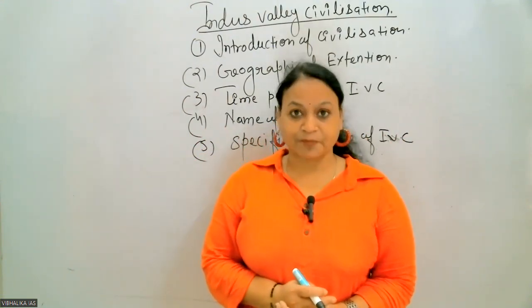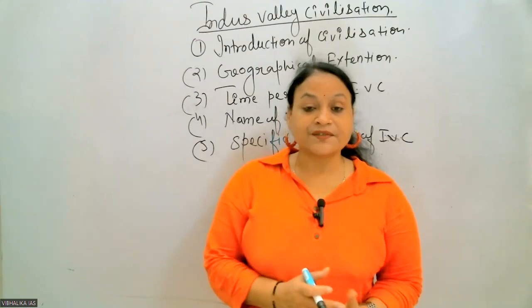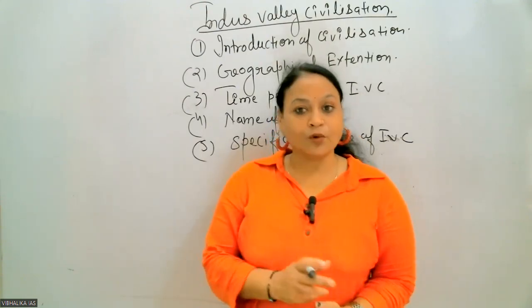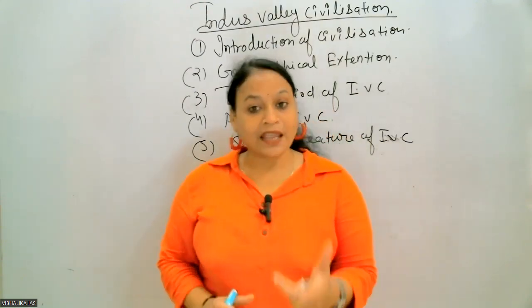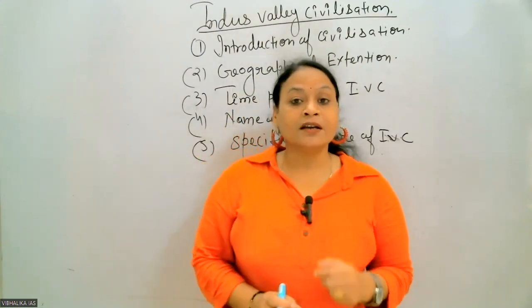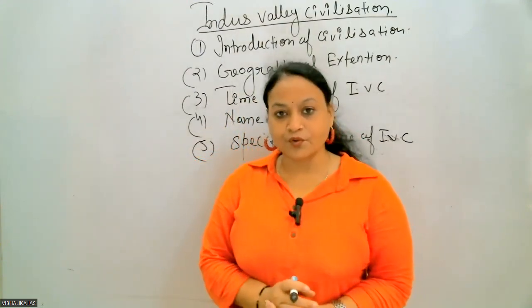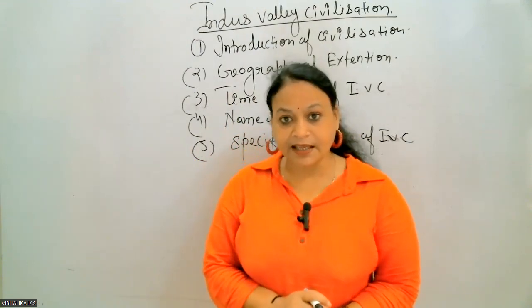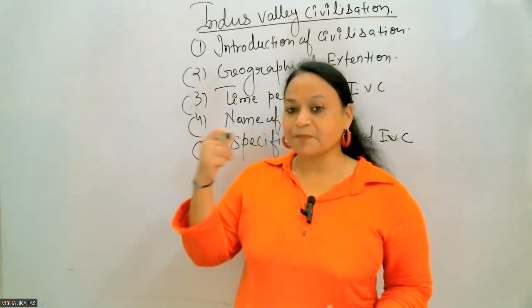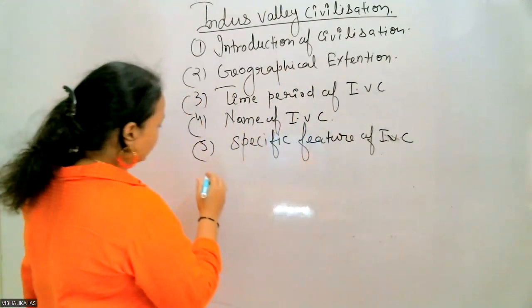So, what are the specific features? We will cover the town planning of this civilization, as well as which type of script and which type of seals they used. So, specific features of Indus Valley civilization.